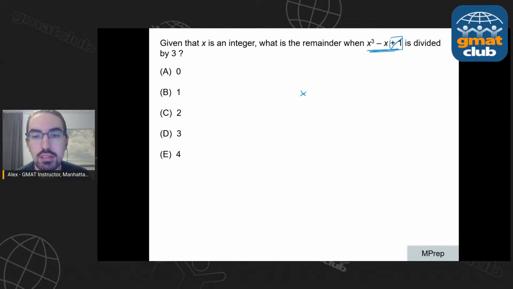you can factor out the x. So we have x times x squared minus 1. And then you can notice we have x squared minus 1, which is the difference of squares. So we can factor that again. So x times x plus 1 times x minus 1.